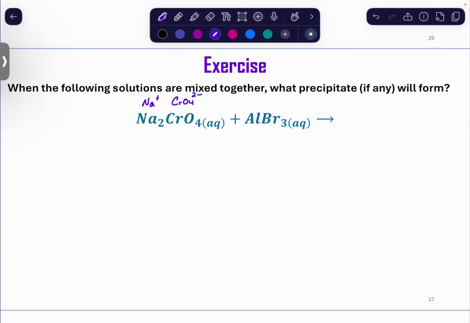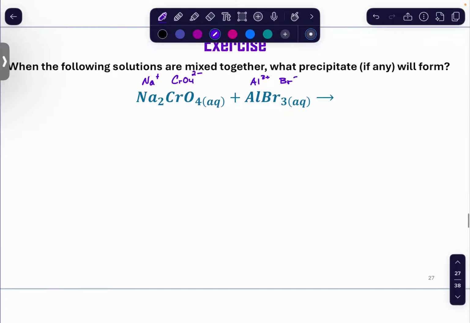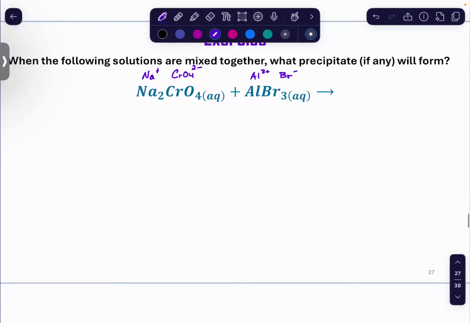You could figure out aluminum. You remember aluminum is a common charge at a +3. Each bromine is a -1. If you didn't remember aluminum, you'd say, well, if I have three bromides, that's going to be a total of -3. What does aluminum have to be to neutralize that? Well, it has to be a +3. Okay, so what are we going to get?